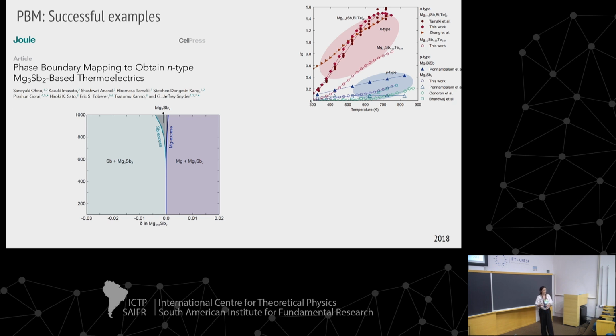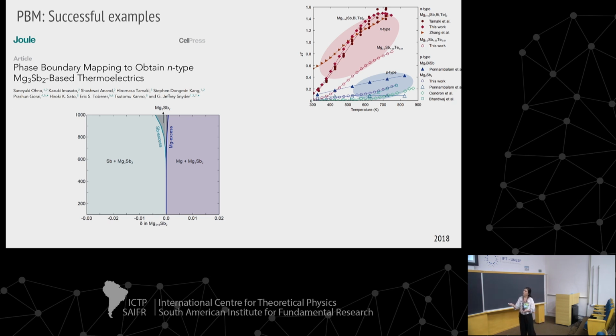For a long time they tried to achieve n-type conductivity in this material, with both control of intrinsic and extrinsic dopants, and they were not successful. And recently, they were able to obtain n-type conductivity in this material, but without a deep understanding of why.